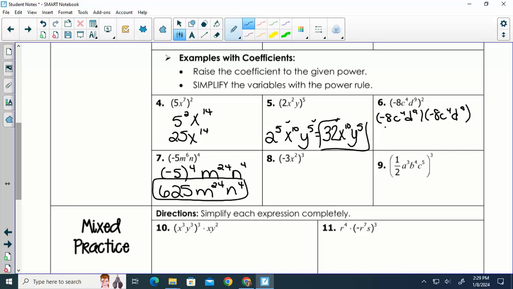You could write that, it's like a -8 squared, which is our 64. C to the 4th, 2 different times. So what do we do with those? 4 times 2 gives us 8. Okay, we had 9 d's 2 different times. So 9 times 2 is 18.